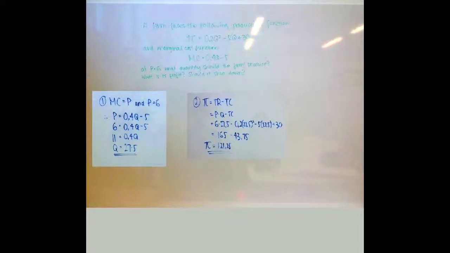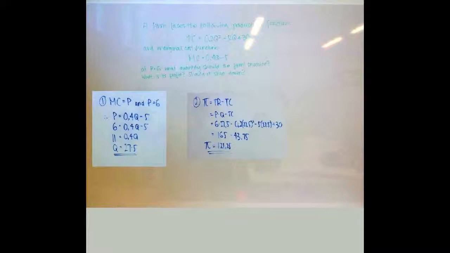The next question is, what is its profit? What is the profit that the firm is making? Profit is equal to total revenue minus total cost. And here we already have the price and we already have the quantity. So for total revenue, it's P times Q, so 6 times 27.5, minus the total cost. What we do is we take the Q and substitute it into the total cost function that we had in the question.